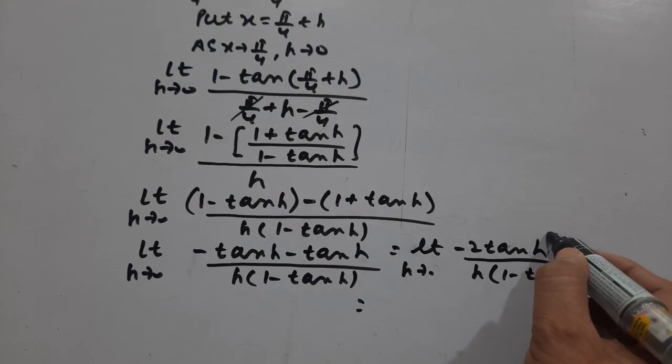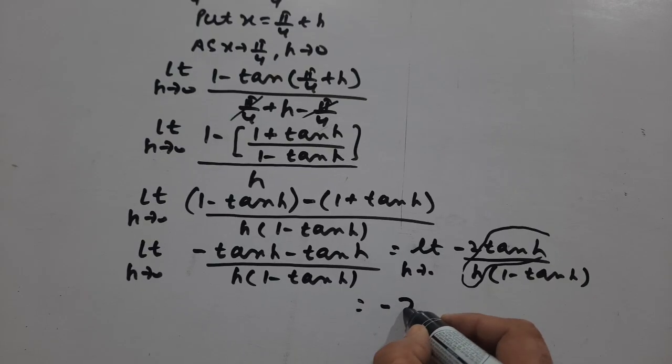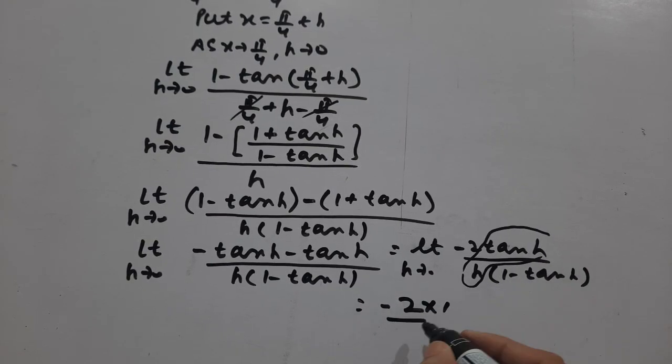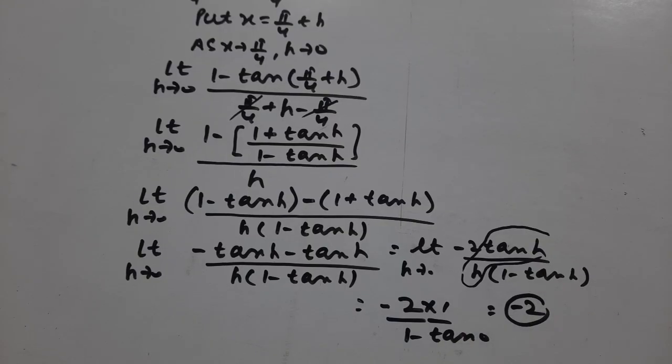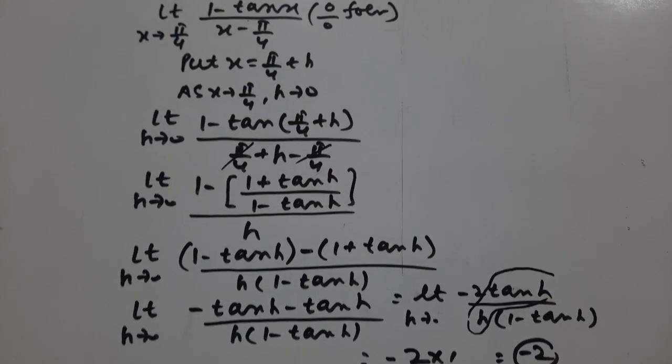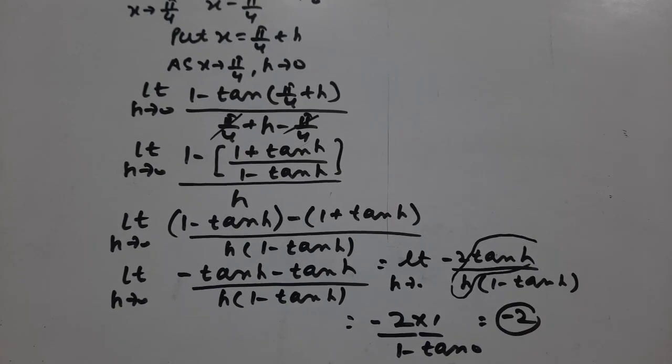Putting the limit, tangent h upon h is equal to 1, so we get minus 2 into 1 upon 1 minus tan h. Putting the limit over here, tan 0 is 0, so our answer is minus 2. So students, the answer is minus 2. I hope this is clear to you.